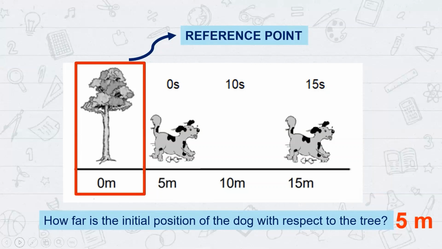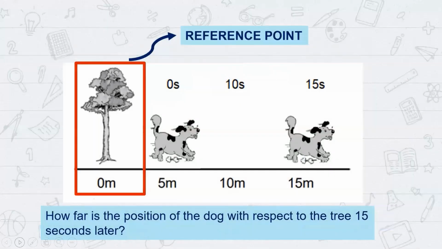The initial position of the dog with respect to the tree is 5 meters. Now, how far is the position of the dog with respect to the tree 15 seconds later? Nice! The position of the dog with respect to the tree 15 seconds later is 15 meters.